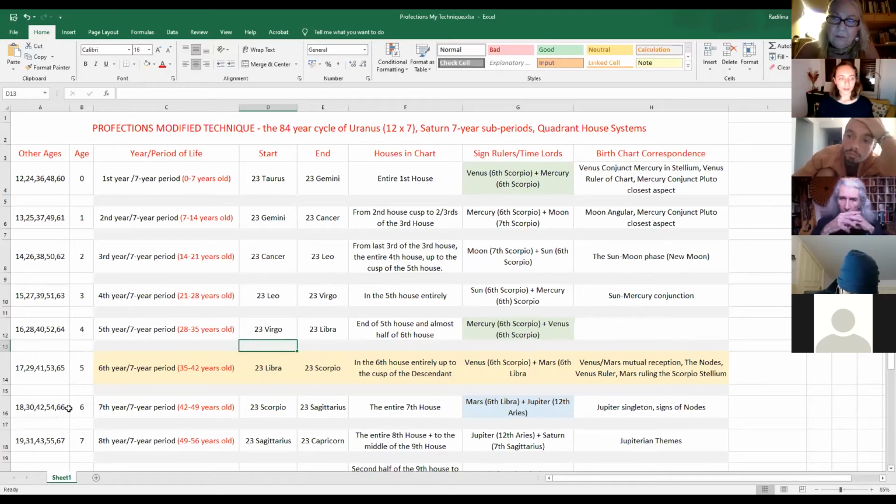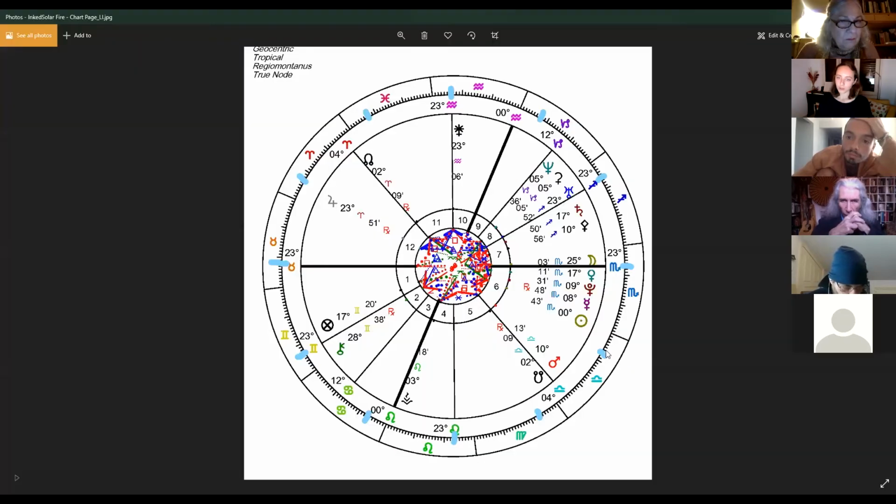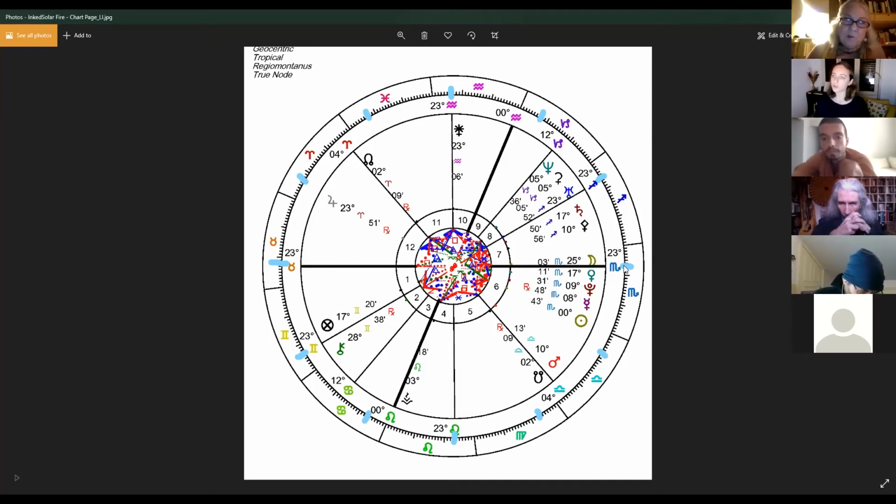Then there is this one, age 35 to 42, when everything will be about the 6th house. Why? Because it's this one here, from the 23rd degree of Libra to the 23rd degree of Scorpio. And you see that because I have a huge 6th house, it starts in the 6th and ends at the very end of the 6th.